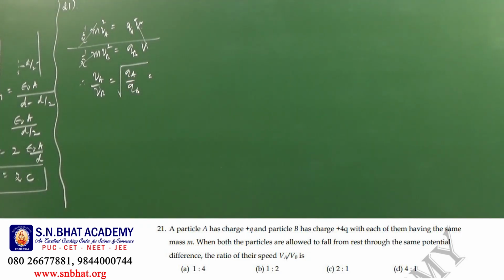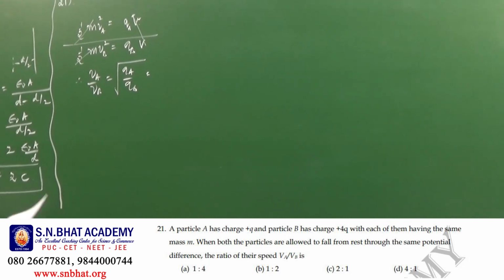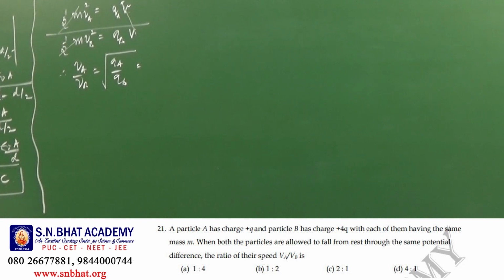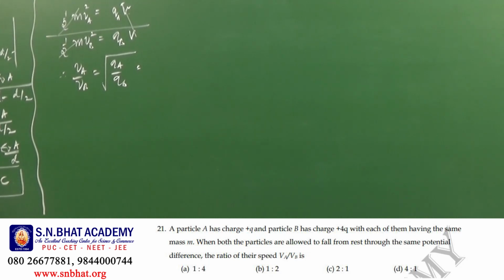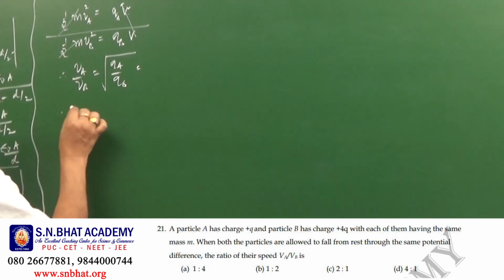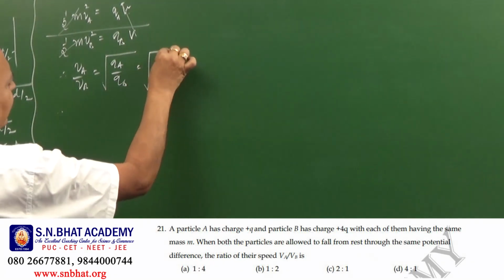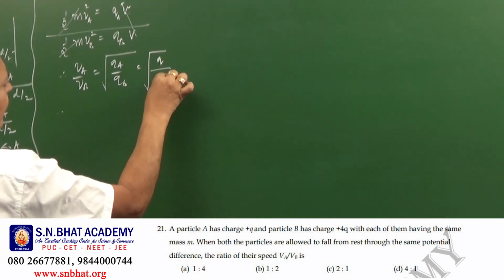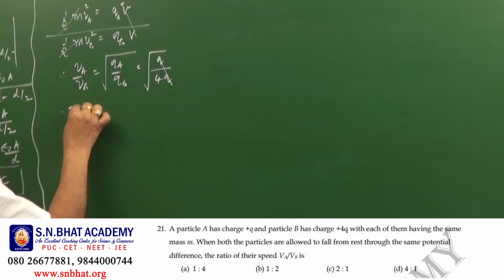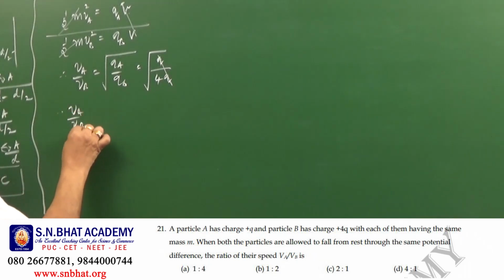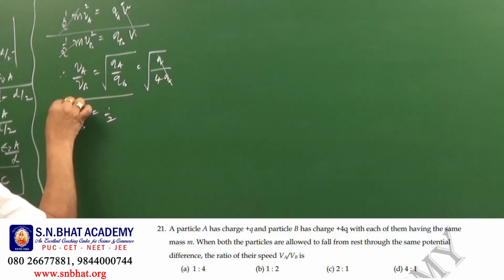So what is the value of QA? QA is equal to Q and QB is equal to 4Q. Therefore root of Q divided by 4Q, Q gets cancelled. Therefore VA by VB is equal to 1:2.